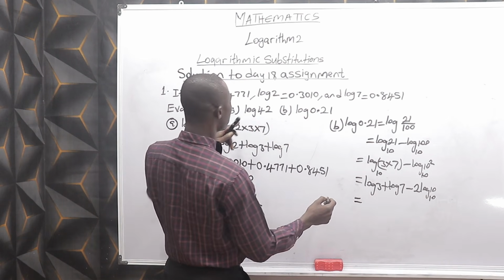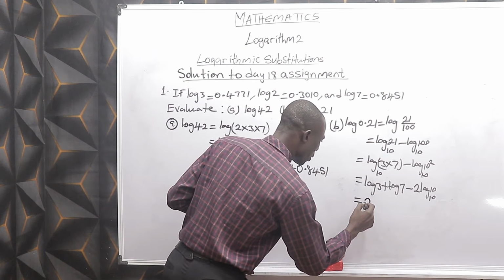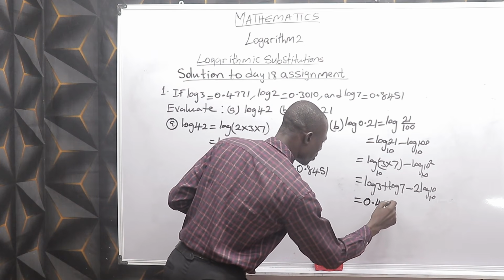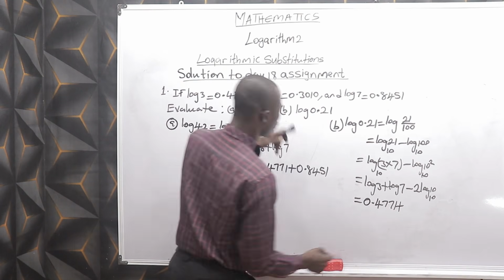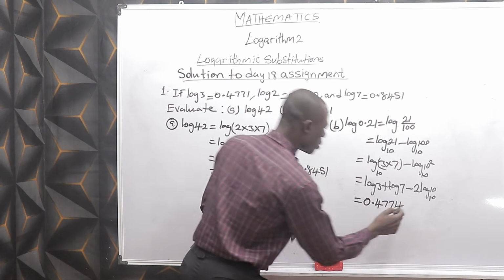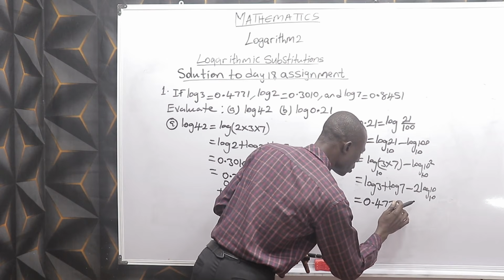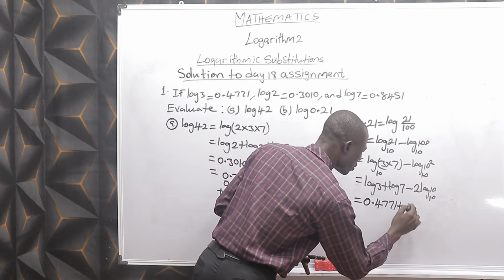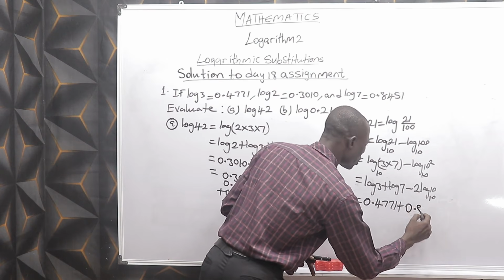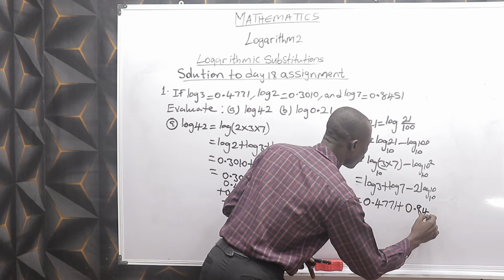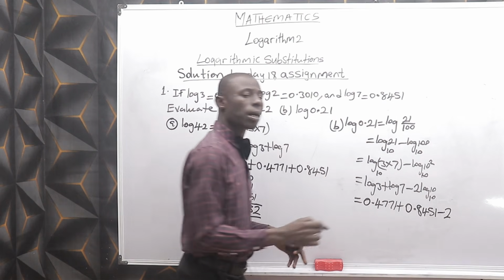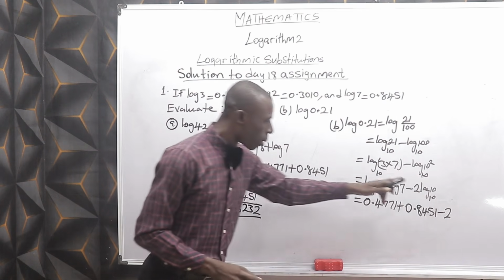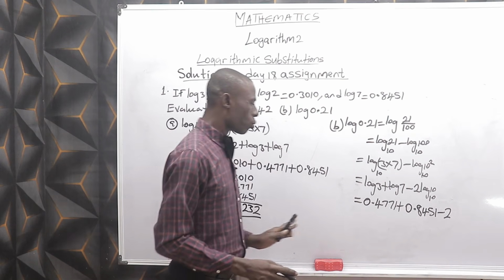Log 3 is 0.4771 plus log 7, 0.8451, minus 2. 2 log 10 base 10 is 2, since log 10 base 10 is 1 times 2.